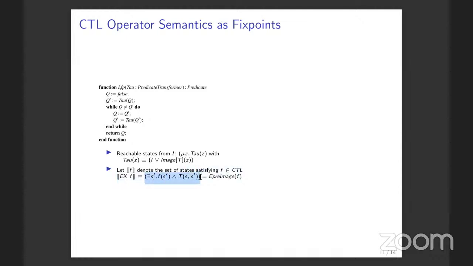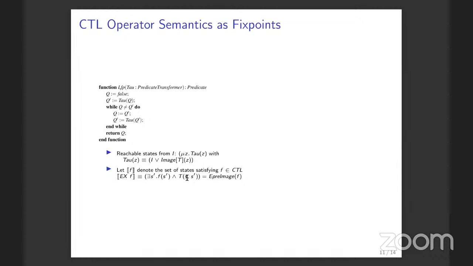So this one is not the image, it's actually a pre-image. It is the set of all states from which in one step there is a successor which ends up in a state that satisfies F. So this is a pre-image, unlike an image which was computing the set of all successors from any state inside Z. What this is doing is, given a set of states that satisfy F, here you see the existential quantification is over the post state S prime.